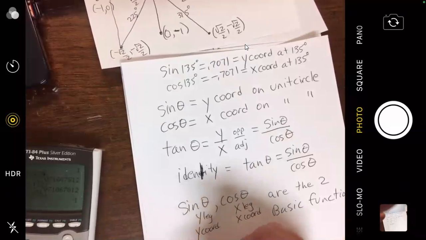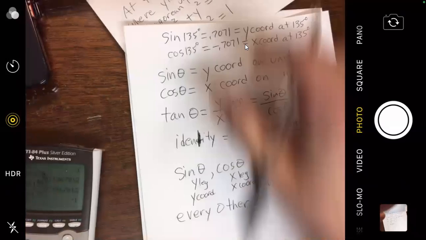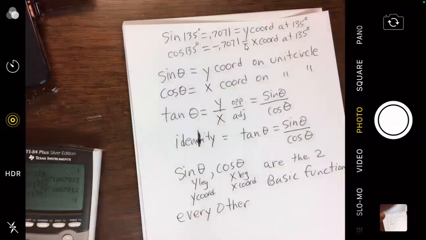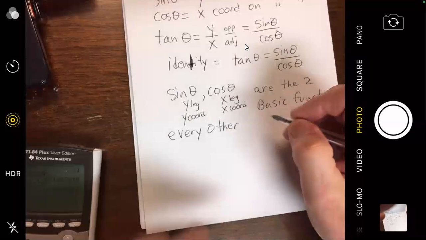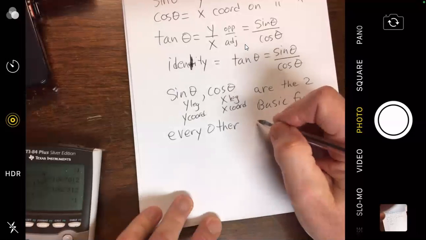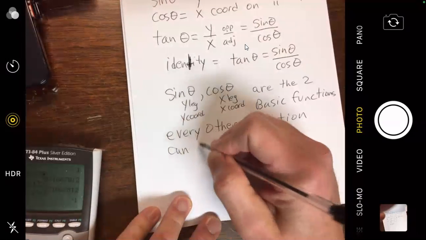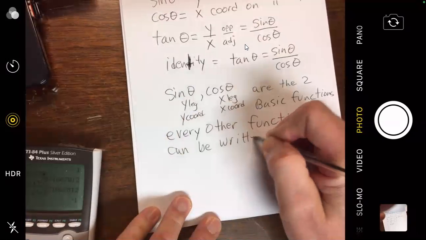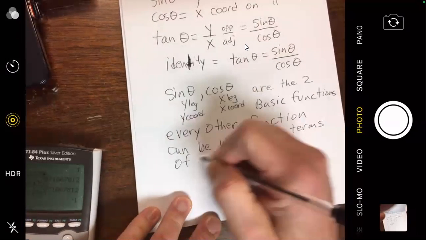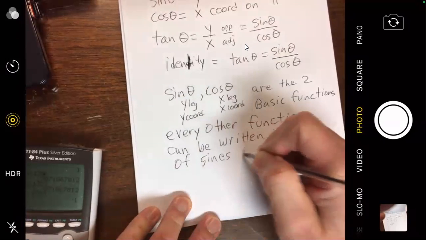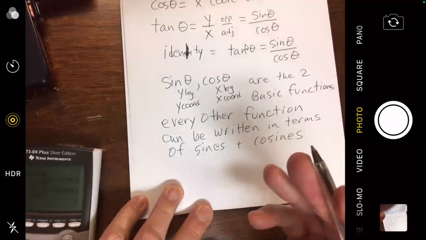Every other function can be written in terms of sines and cosines. Absolutely mathematical fact.